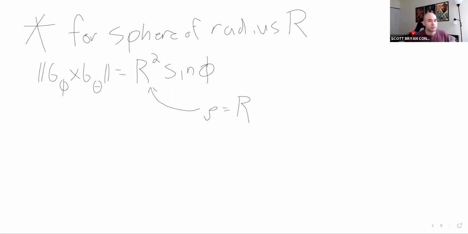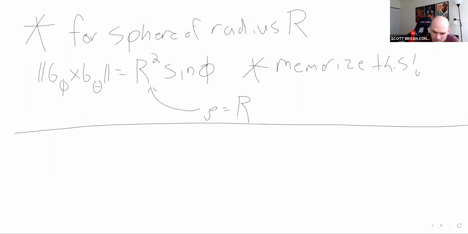You're just replacing rho with the radius of the sphere. So just think the radius of the sphere squared sine phi. That's what your magnitude of the cross product is going to be. That's saving you a big hassle by remembering that. So you should memorize this. Okay, so that's our step 2.